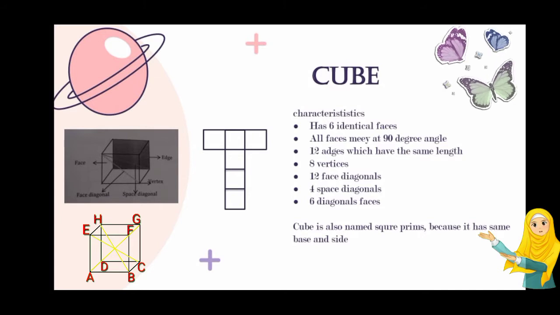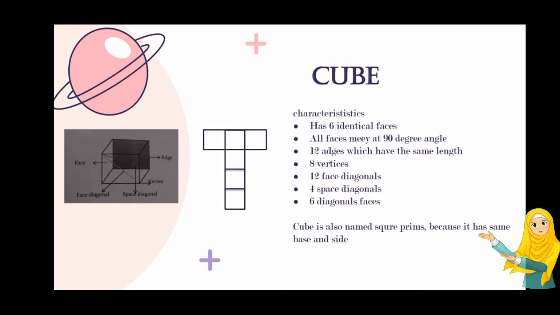A cube is also named a square prism because it has the same base and side.